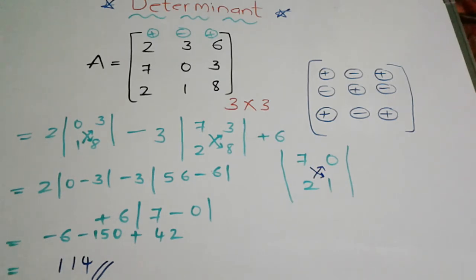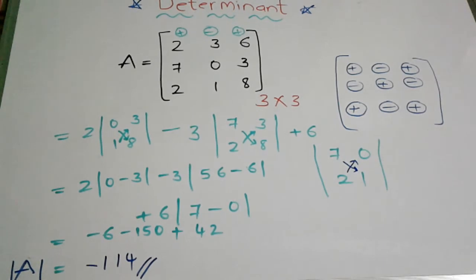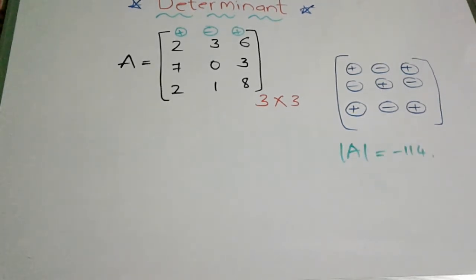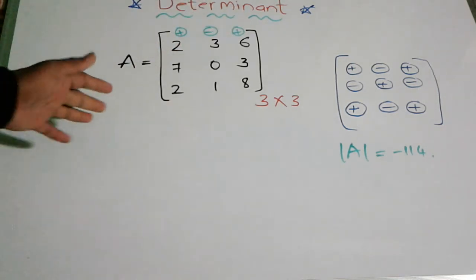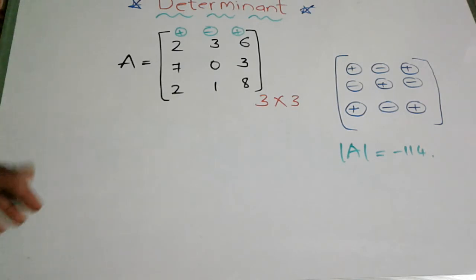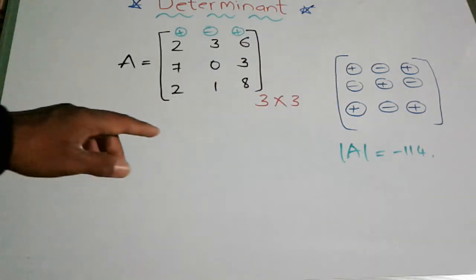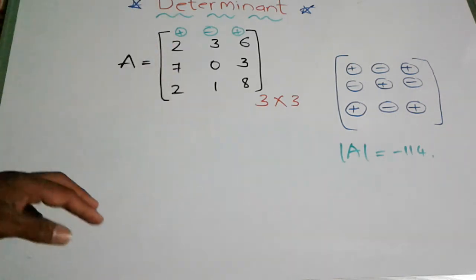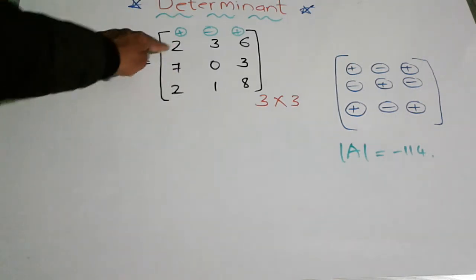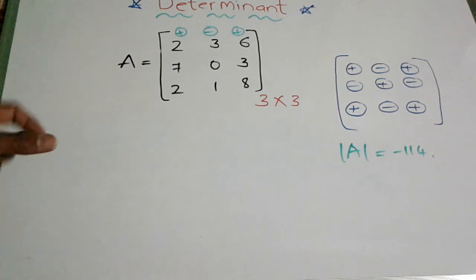And let's solve in another way. Previously I took these 2, 3, 6 values to calculate the determinant of this matrix, and we got the determinant value as minus 114. So now I'm taking these 2, 7, 6 elements to calculate the determinant, and let's do that quickly.